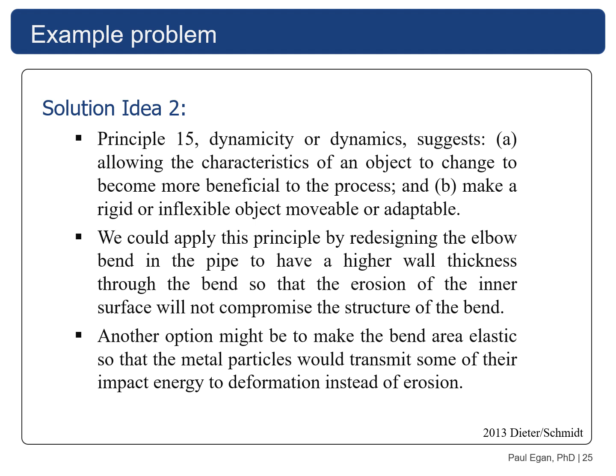Another option might be to make the bend area elastic so that the metal particles would transmit some of their impact energy to deformation of the system rather than erosion, where the deformation of the system would absorb that energy through movement and then release it in a way that the metal particles weren't hitting that bend in the pipe quite as hard.